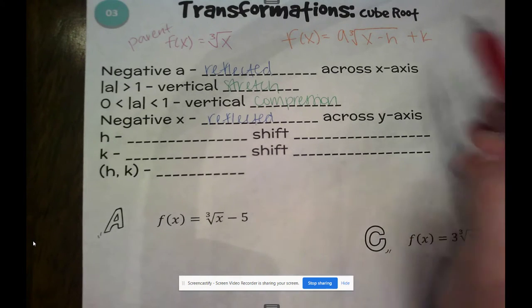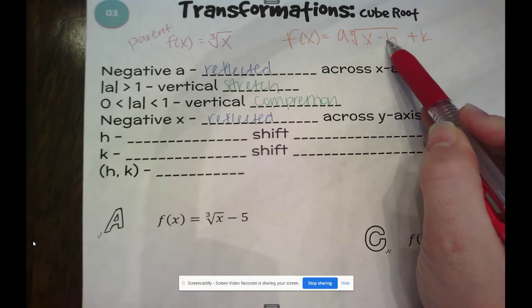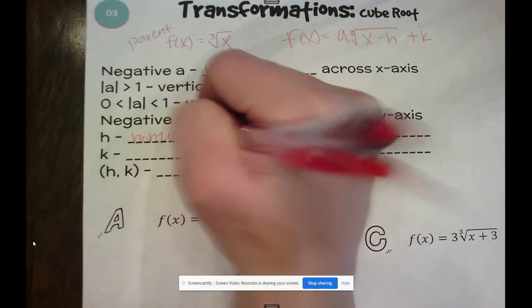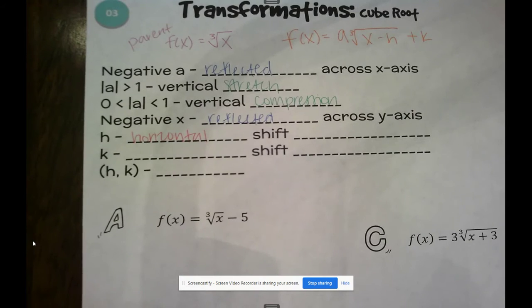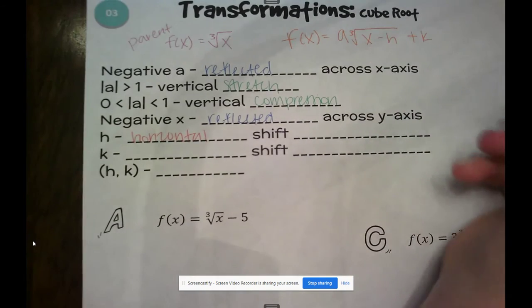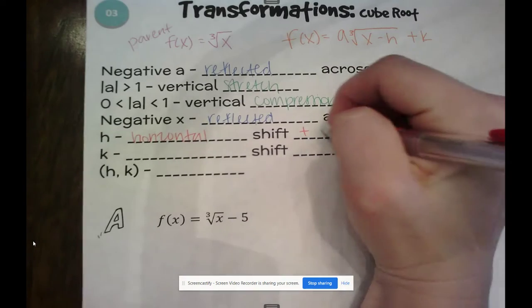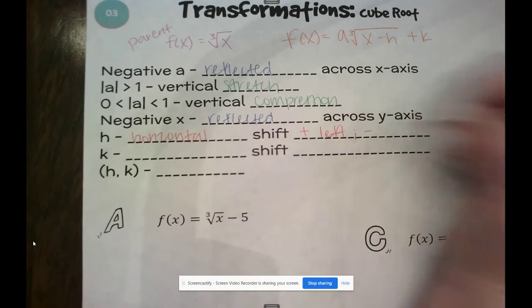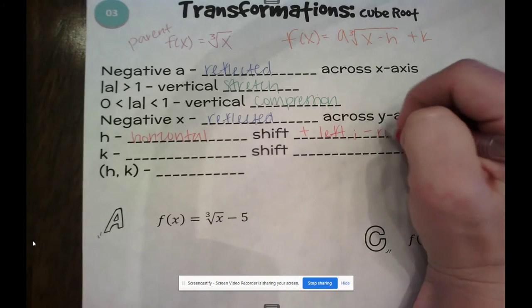Our h, the number underneath the radical next to the x, tells us if it's moving horizontally. So it's a horizontal shift. And remember, anything inside next to the x lies. So if it's positive, it's going to the left, that way, counterintuitive. And if it's a negative number, it's going to the right.